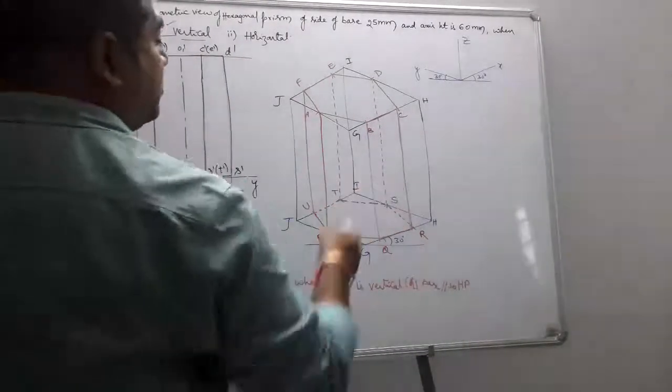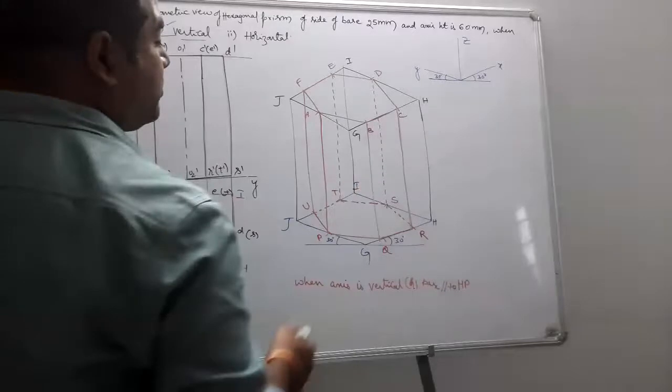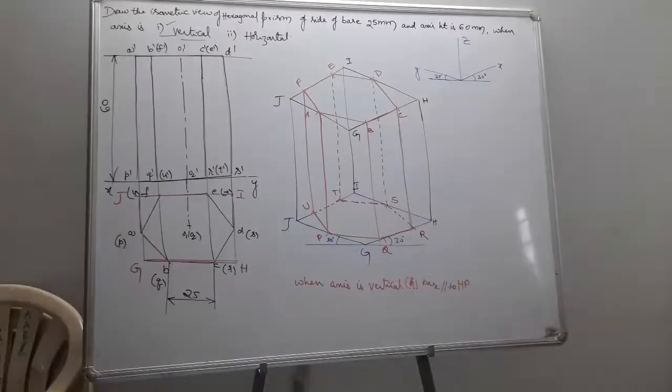So the back edges, those three, are going to be dotted. So you just do the problem horizontal as your assignment.